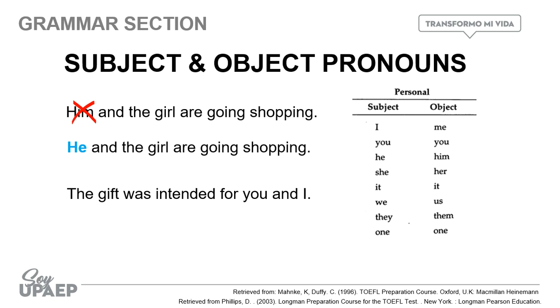On the second one, the one that we have to cross out is I, because it is not a subject, it is an object. So we need to replace it with an object pronoun. For example, here is the answer: the gift was intended for you and me. So as I said previously, it is important that you learn the pronouns and their usage.